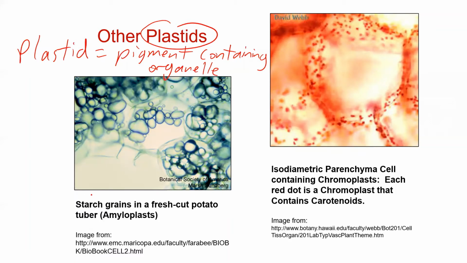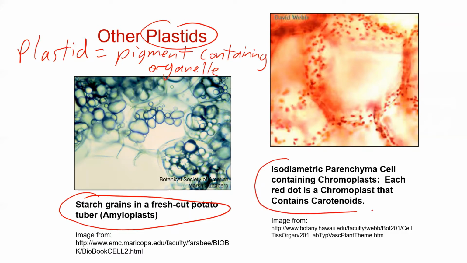So take a look. There's these starch granules. They're in potatoes. You may have noticed that some potatoes have different colors. Some are kind of yellowish, and some are kind of purplish. They have pigment in them, and that pigment is in an organelle, and it's a type of plastid. It's not a chloroplast. Here's another example on the right. This one's usually more obvious. I ask people, what part of a plant is colored?